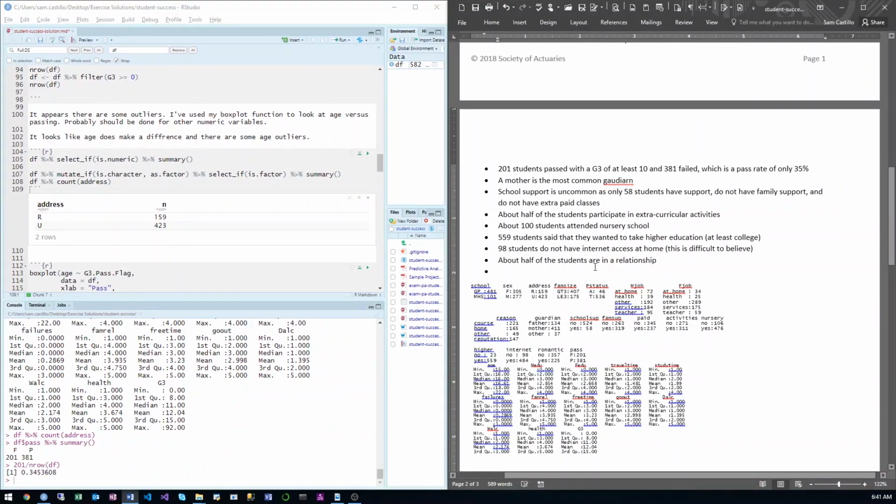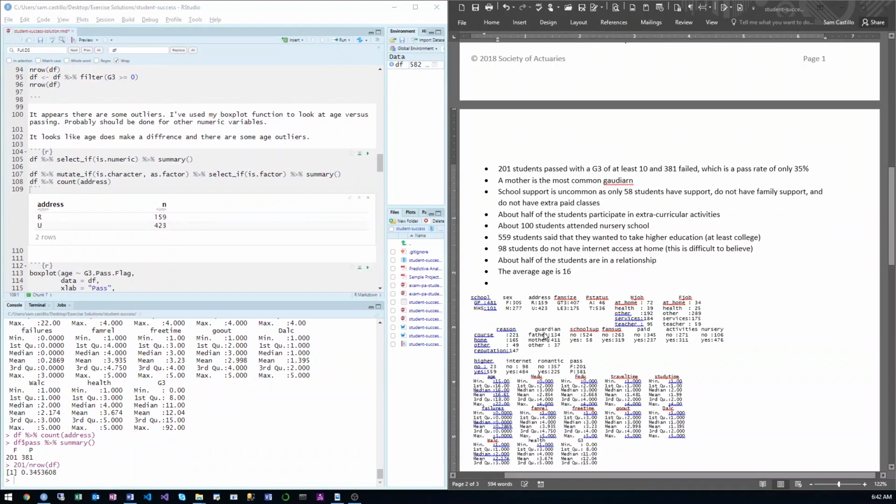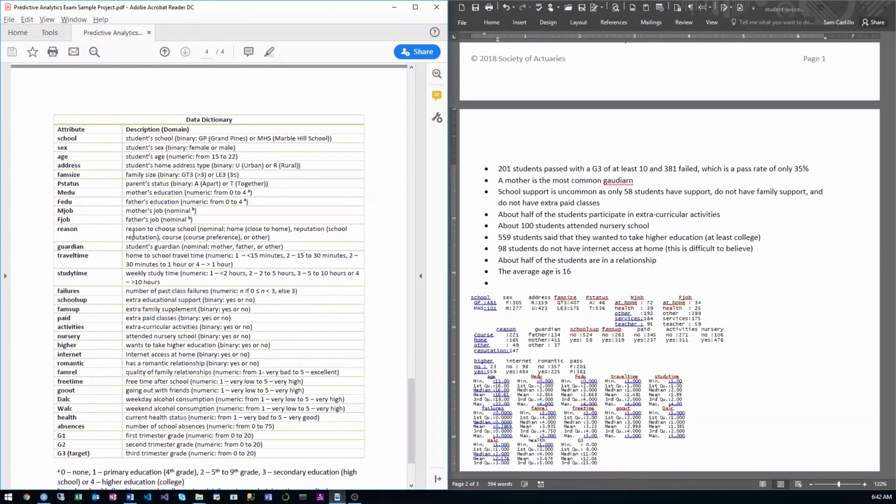Right, half of the students are in a relationship, 34% pass. The average age is 16. MEDU is the mother's education from 0 to 4.